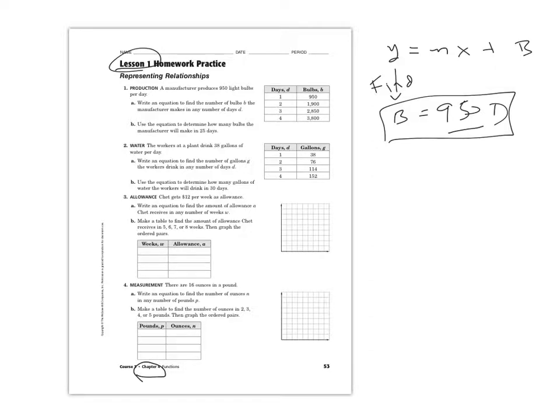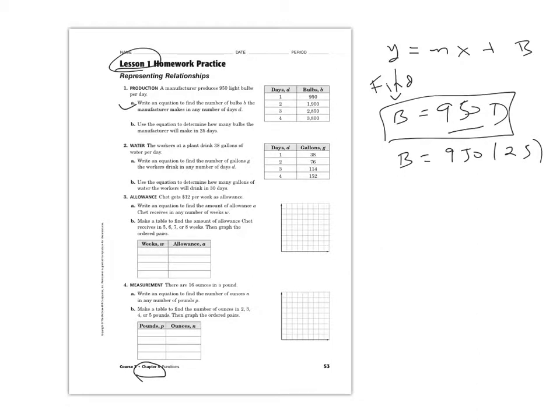The second thing that they ask us to do is to use the equation to find how many bulbs the manufacturer will make in 25 days. Well, the number of bulbs produced is going to equal 950 each day for 25 days. We could add 950 25 times, because that's how many days they produce 950 bulbs.